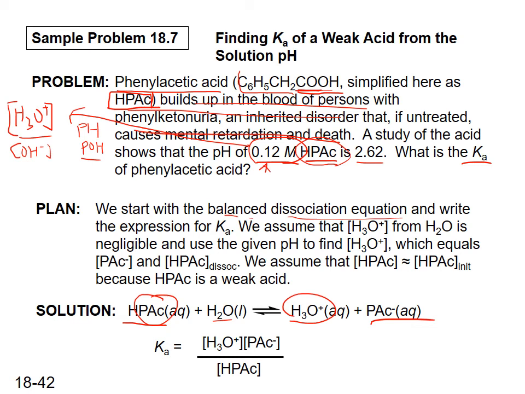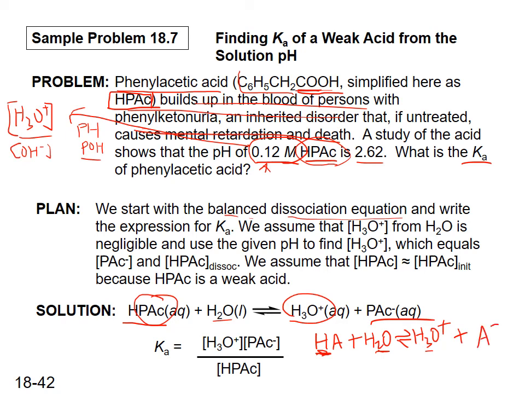For example, a weak acid can be simplified as HA. So this is the acid, and the dissociation reaction you can write as HA plus water goes to hydronium ion. So this proton goes to water, forms hydronium ion. So what's left is the anion.